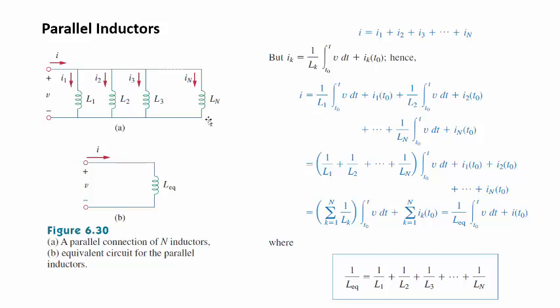That's a consequence of any of these components being in parallel. So now I can factor out the voltages and also all of the initial currents and multiply times the 1 over L. From this I can glean that 1 over L equivalent is the sum of the reciprocals of the individual inductors. Looks like the resistor equation, doesn't it?